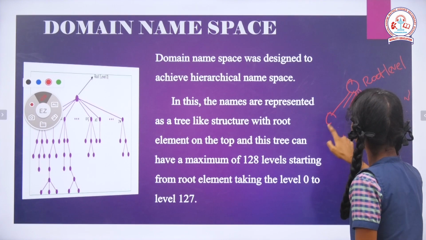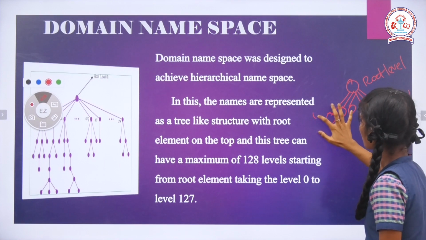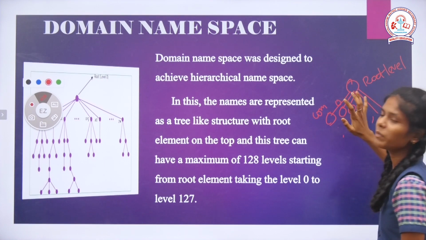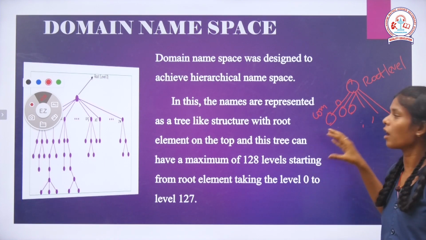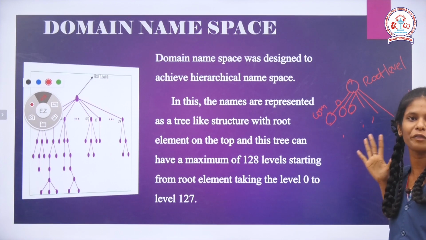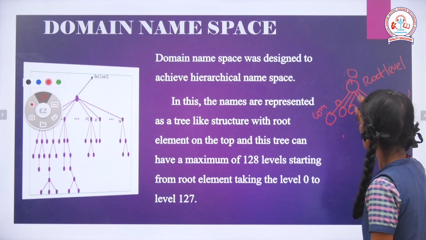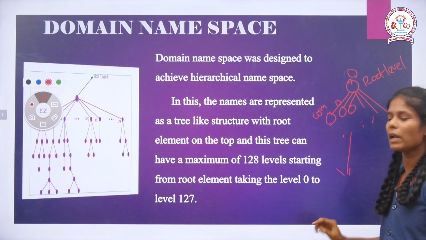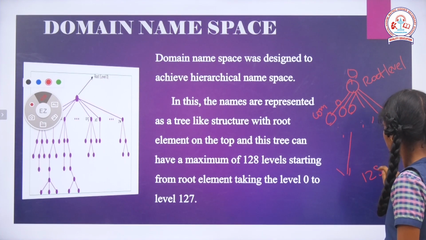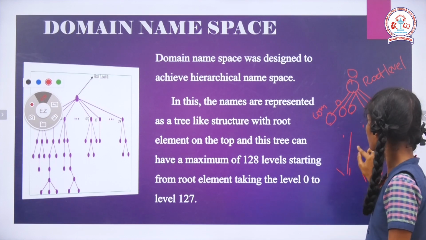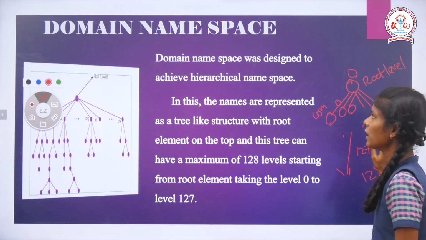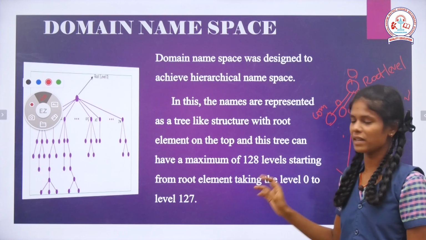Here we can write the domain names, like COM for commercial organization, EDU for educational institution, ORG for non-profit organization, etc. It will start at level 0 and move to the maximum level, ending with level 127. It is said to be the domain namespace.